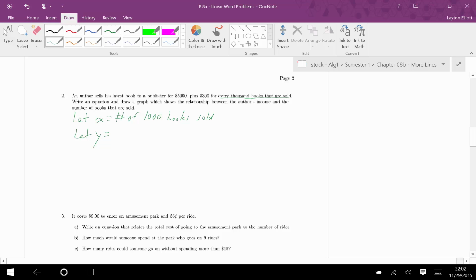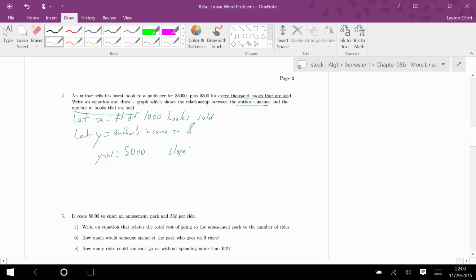It says the relationship between the author's income and the number of books that are sold. So y is going to be the author's income in dollars. Now I want to look for that y-intercept, that starting point. It says an author sells his latest book to a publisher for $5,000, so the author gets $5,000 no matter what.